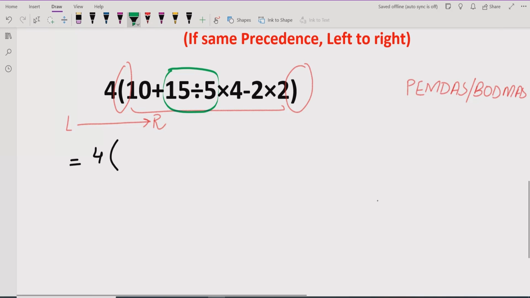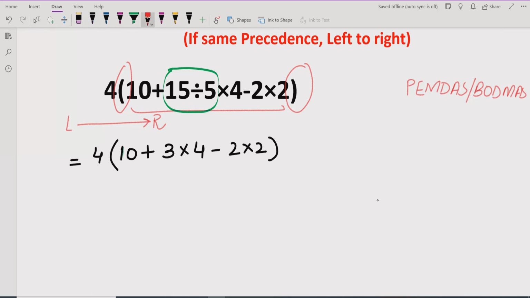So we write 10 as it is, and 15 divided by 5 is equal to 3, multiplied by 4 minus 2 multiplied by 2. All the other numbers we write as they are.